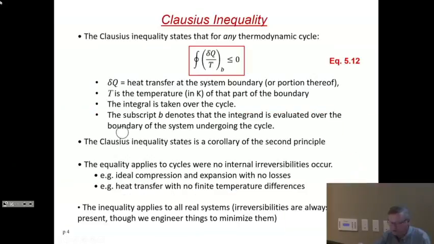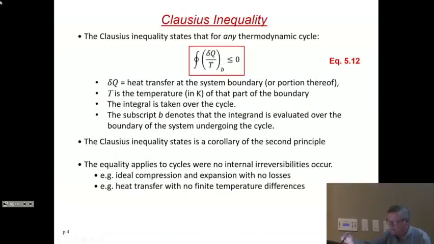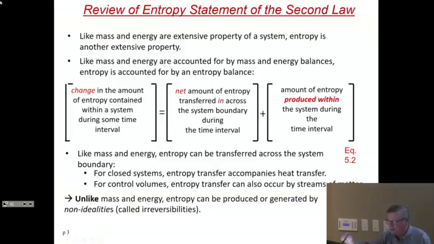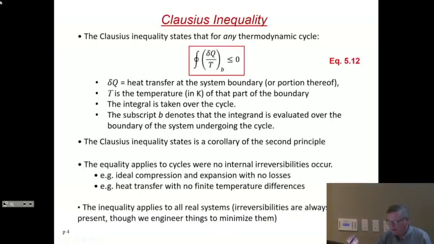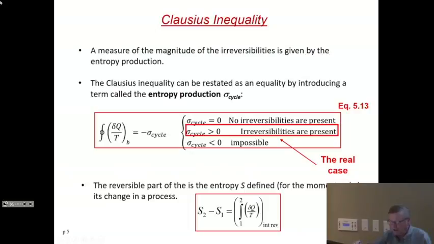So the two reversible terms, these two, are defined by the quantity here, and the irreversibilities is the sigma of the cycle. I'm just expressing the exact same idea as we had before. So when the sigma of the cycle is 0, there are no irreversibilities. In most real cases, the sigma cycle is positive, and negative is impossible, excluded by the second principle.